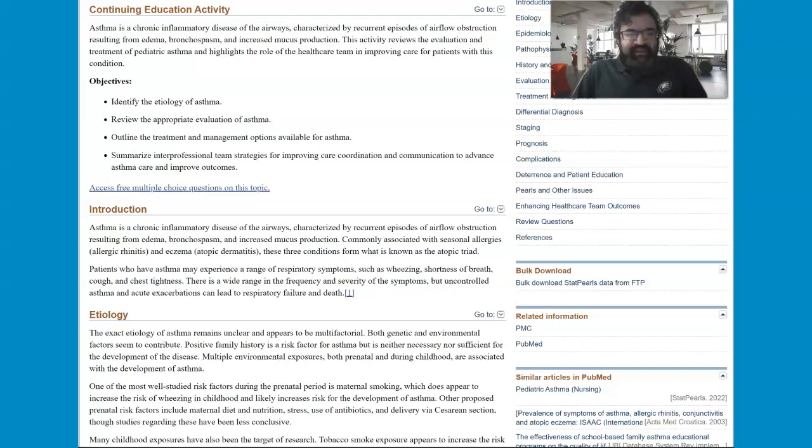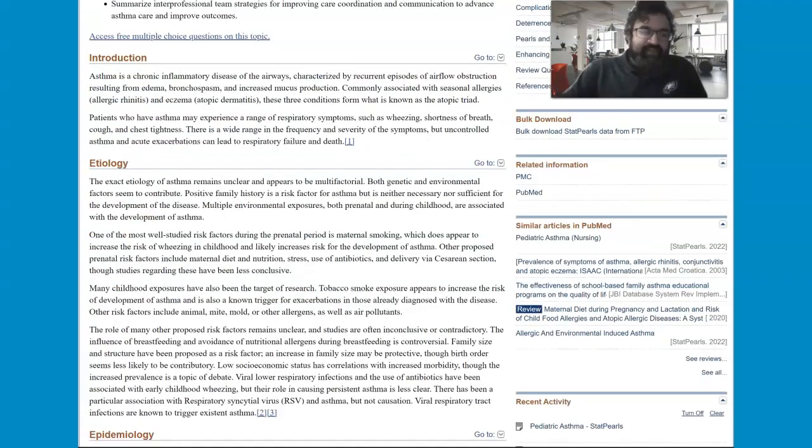Looking at the etiology, there are genetic and environmental factors which contribute to this. When I was seeing patients in Baltimore with asthma, one teenager had recently moved from living on the second floor of the house to the basement.